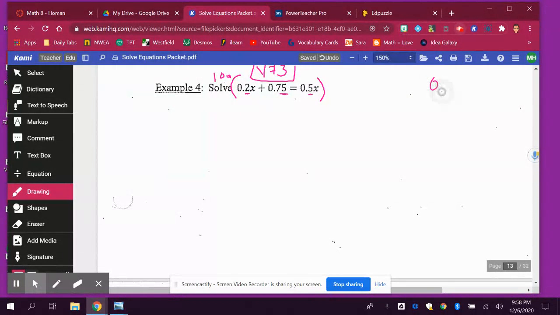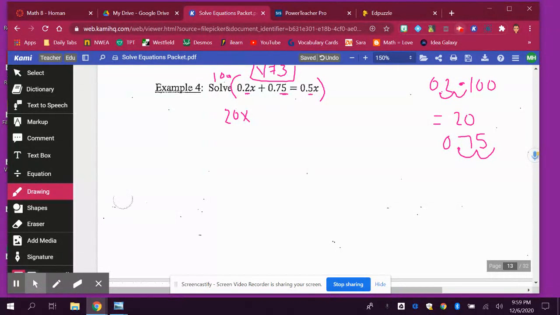Because 0.2 times 100 is the same thing as moving that decimal 2 spaces to the right. 1, 2. So that gives me 20. 0.75 times 100 is the same thing as moving that decimal 2 spaces to the right.